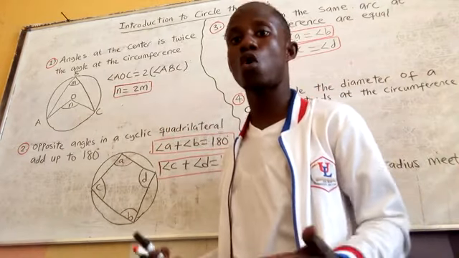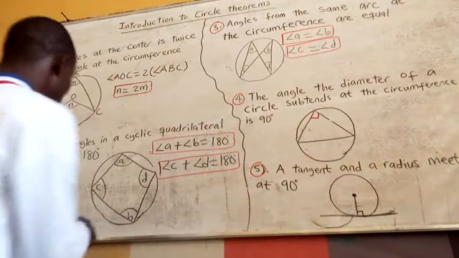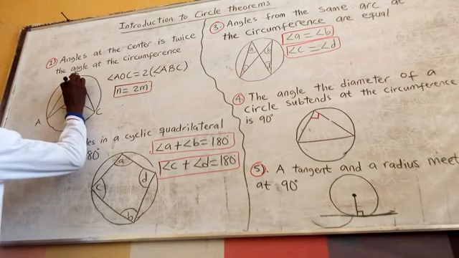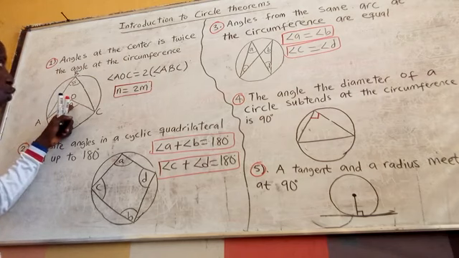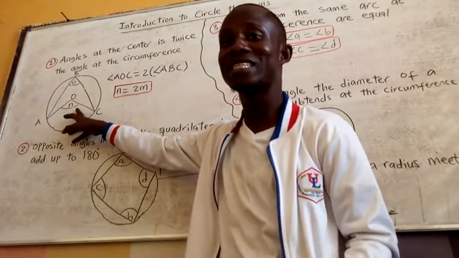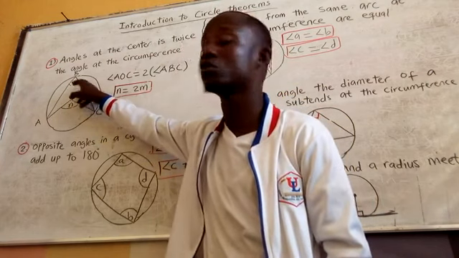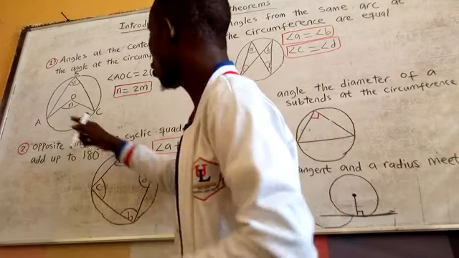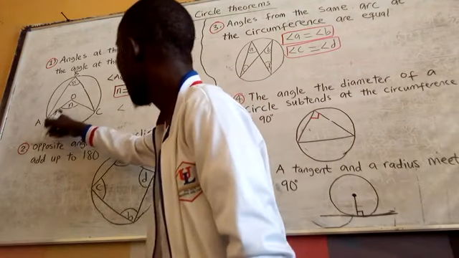Now, for the sake of simplicity, let's do this in another form. If we were given angle M to be 35 degrees, and we are asked to find angle N, we know that the angle formed at the center is twice the angle formed at the circumference of the circle. So the angle formed at the center here is N, or angle AOC.